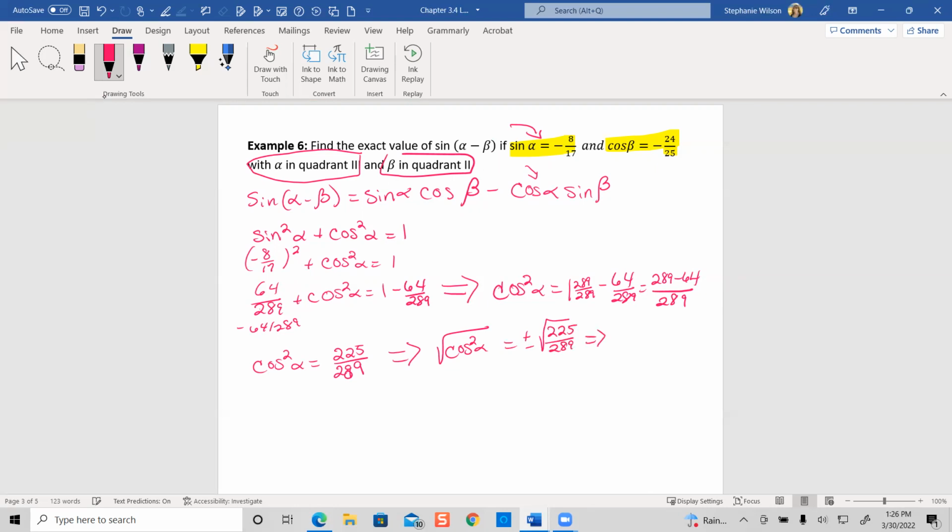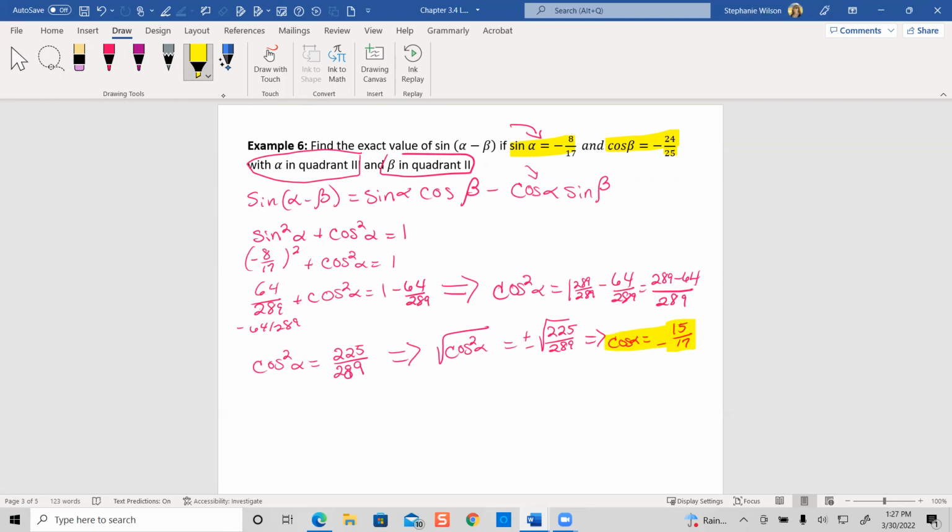All right. So now I got cosine of alpha is equal to plus or minus 15/17. But it said alpha was in the third quadrant and cosine is negative in the third quadrant. So I'm going to go ahead and erase this positive, and that would be our answer for the cosine of alpha because it fell in the third quadrant.